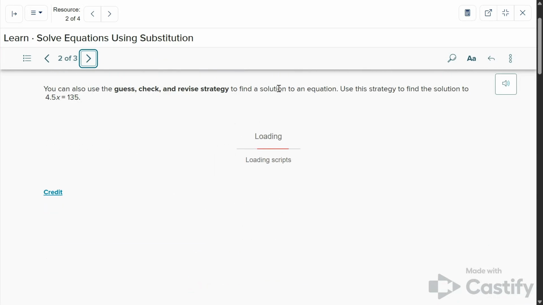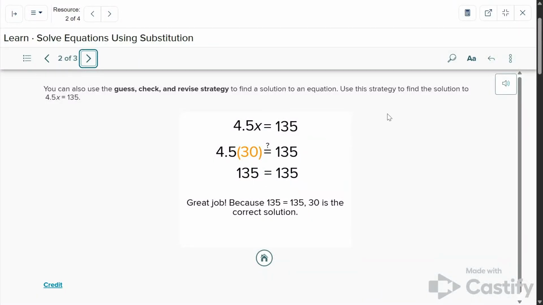You also can use guess, check, and revise to figure this out. You can just make guesses until you find an answer that's right. If you have an equation like 4.5x, which is 4.5 times x, equals 135, you can guess some numbers. Maybe you can make an approximation by rounding.